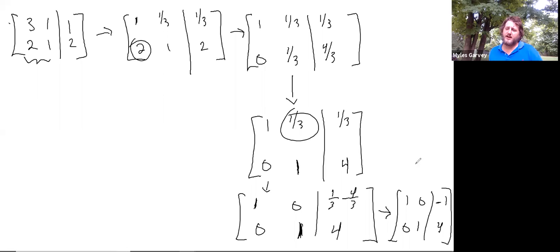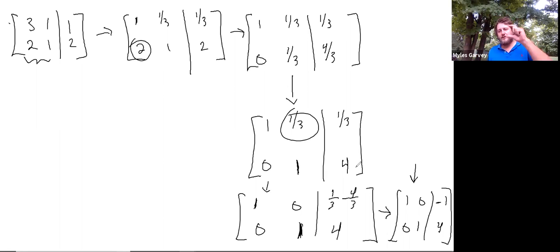Because we get the identity matrix here, what we end up having is one vector being represented in terms of the other vectors. How so?